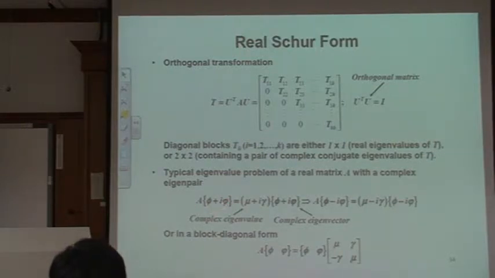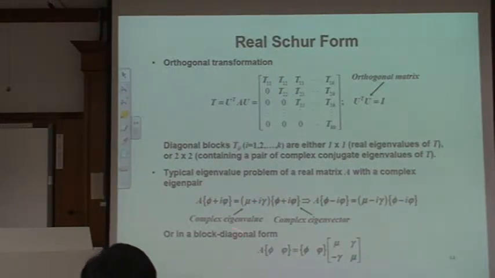If you have a complex eigenvector here, and its corresponding eigenvalue is also complex, you can write this form here. And you can write it in a block diagonal form, like this one. You just rewrite this equation in this block diagonal matrix form here.